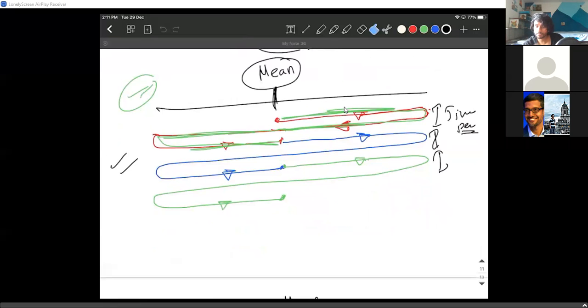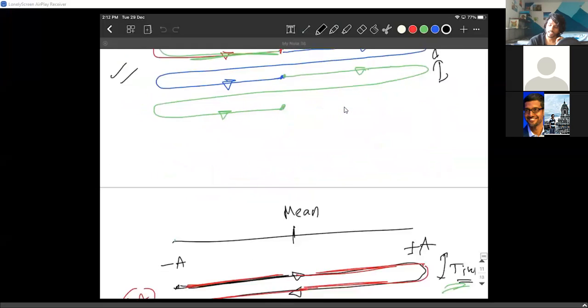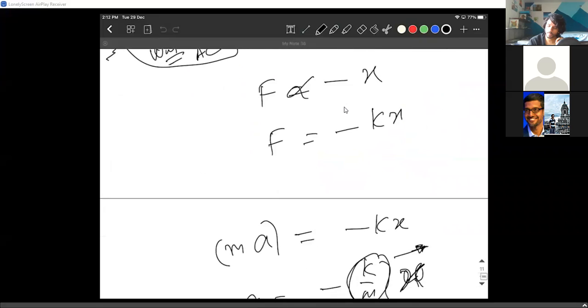Yesterday was just about understanding what an oscillation is, what a periodic function is, and what an oscillatory periodic motion is. In oscillatory periodic motions, simple harmonic motion is a very special case where the force is proportional to minus x.